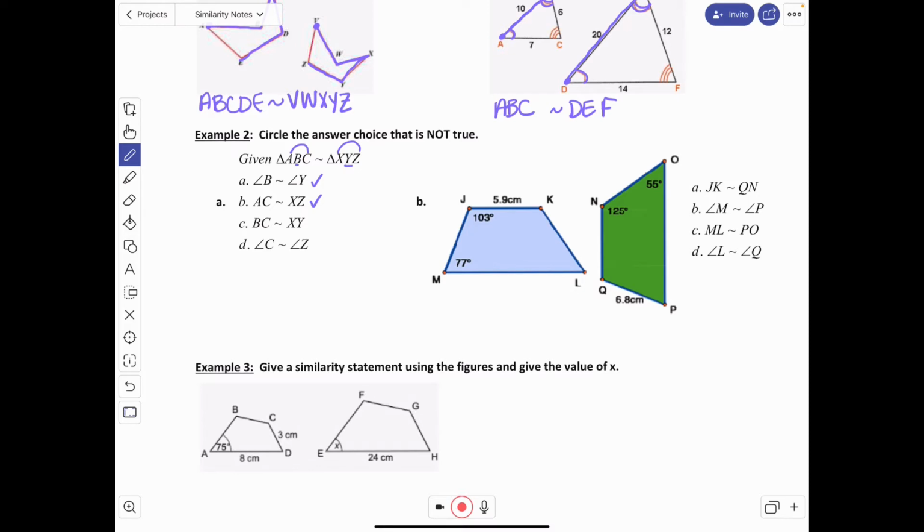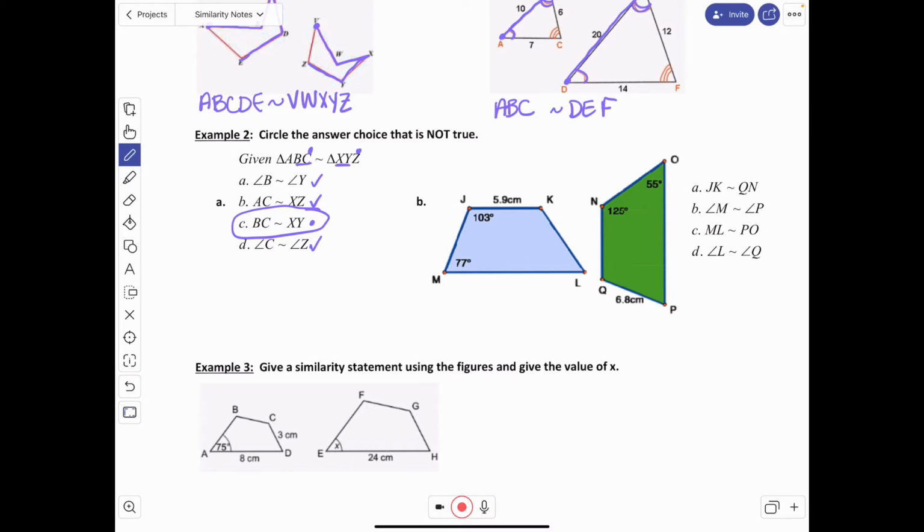So we know that one's true. Okay, so I'm going to erase this as we look at our last 2 here. B and C, that's the last, and then X and Y. So notice we've got last 2 letters and first 2 letters. So this is probably it, but let's check our last one. Angle C and angle Z, both are last. So that one is true. So this one is the one that's not true.